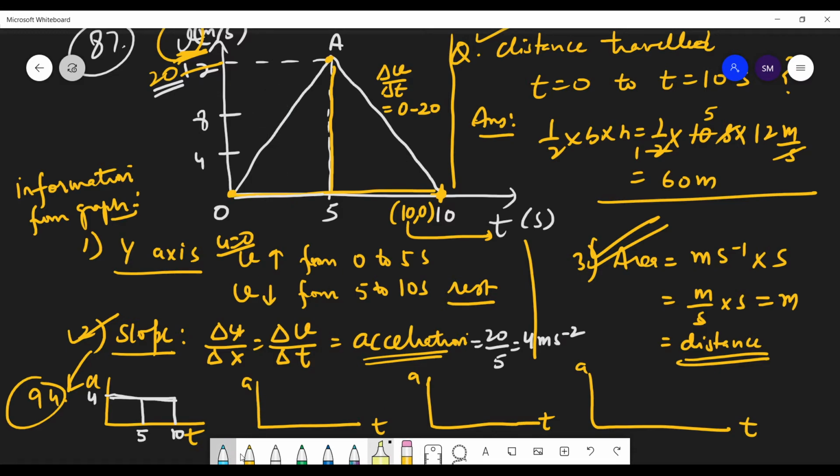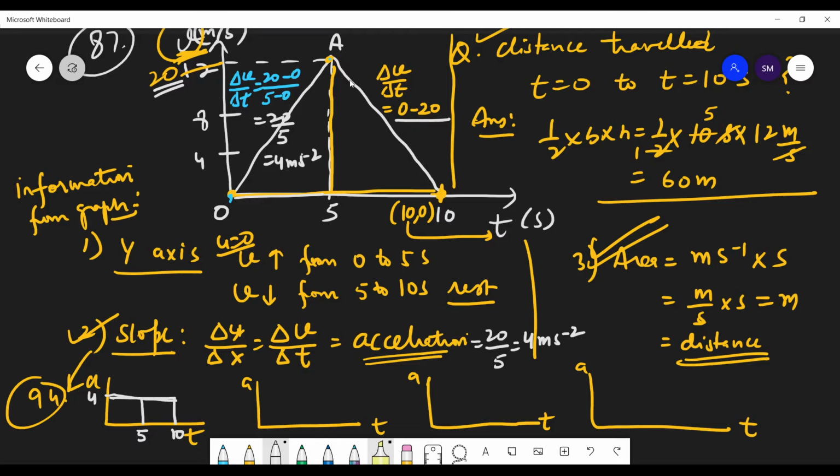If you find change in velocity upon change in time, then in the first part the final velocity is 20, initial velocity was 0, divided by change in time. Change in time is 5, the final time, initial time was 0. So this comes out to be 20 upon 5, and that is 4 meter per second square. Right?